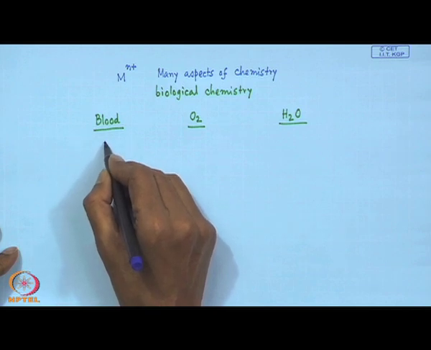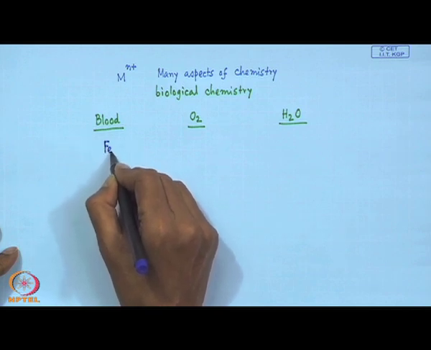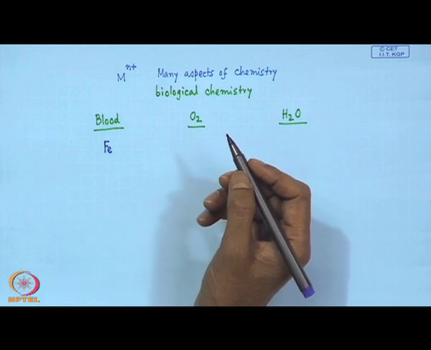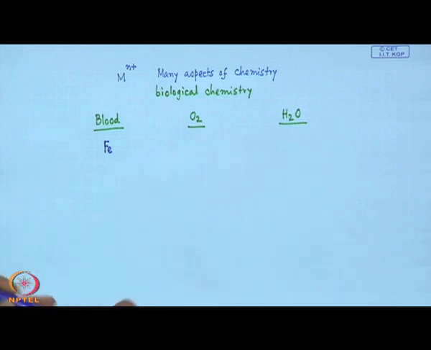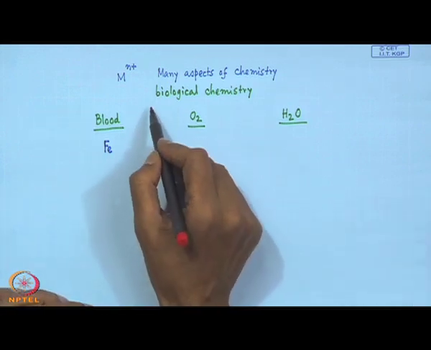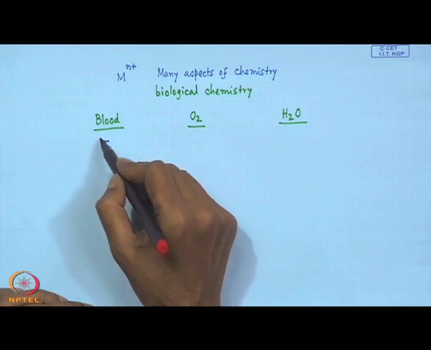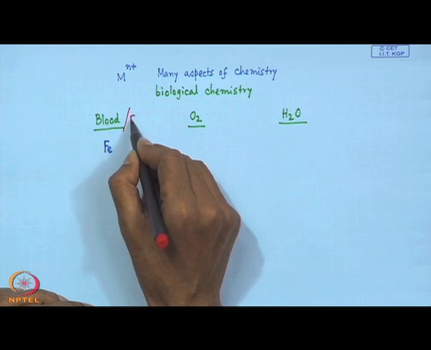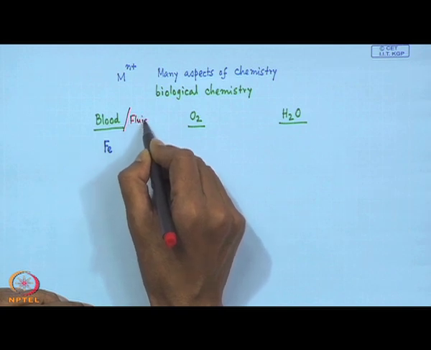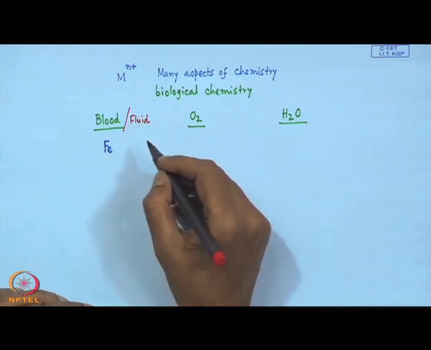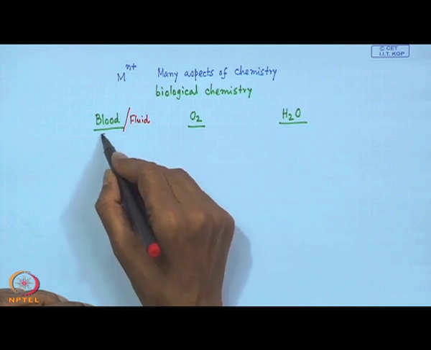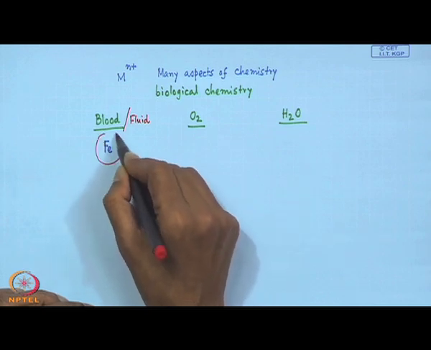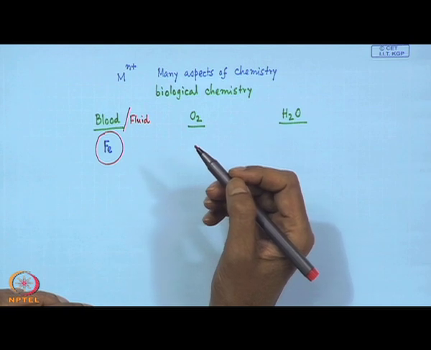All we know, the very basic thing, is that blood contains iron. The presence of iron in blood, and blood is also a fluid. So, blood is present as a fluid, and that fluid is basically giving some environment around iron.